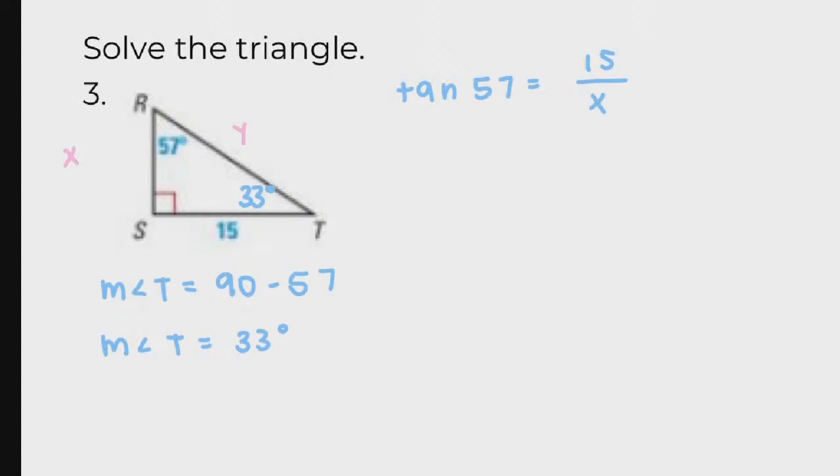Then we would cross multiply and get X tan 57 equals 15, divided by tangent 57, and we get X equals 9.7.